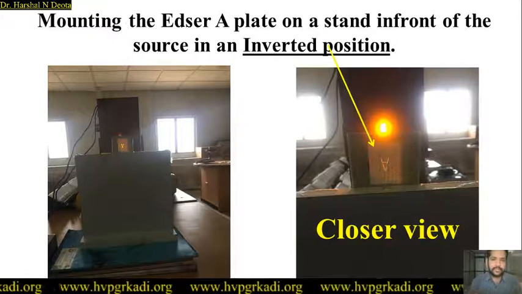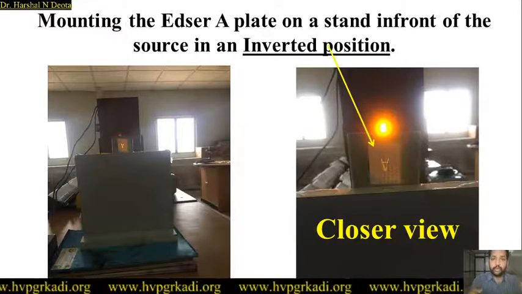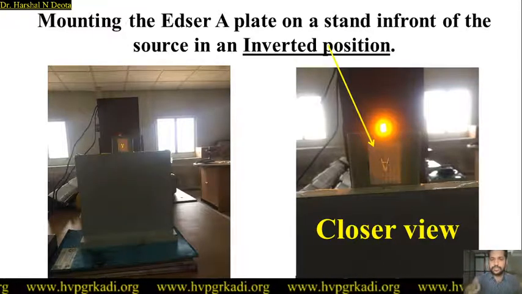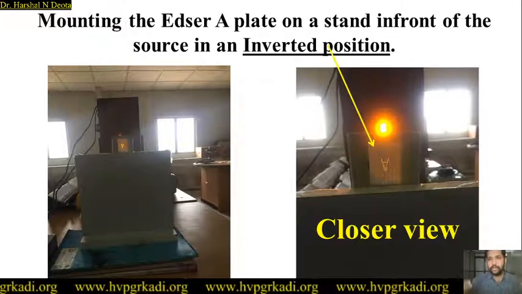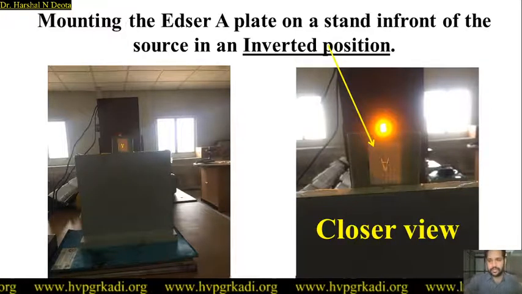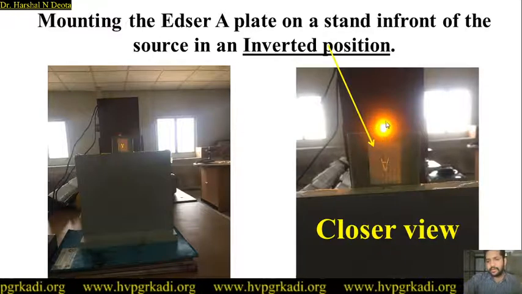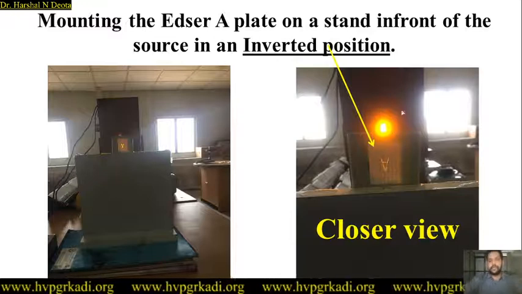Please note it, guys, whenever you turn on the sodium lamp, it will take time to get 100% intensity, right? So just turn it on and take readings after 2 or 3 or 5 minutes, say for example. As in the figure, you can see that it is completely lit and 100% intensity is observed in the lamp.